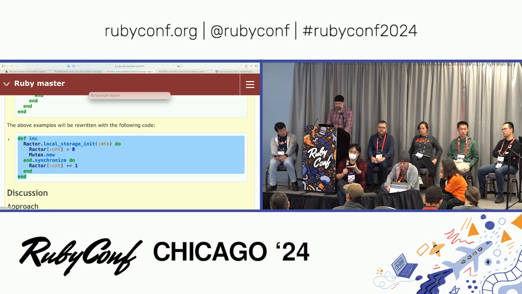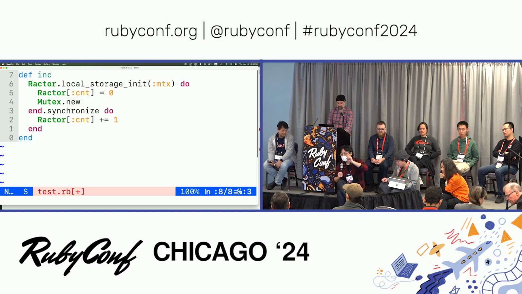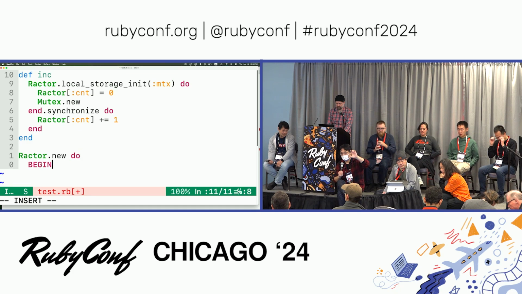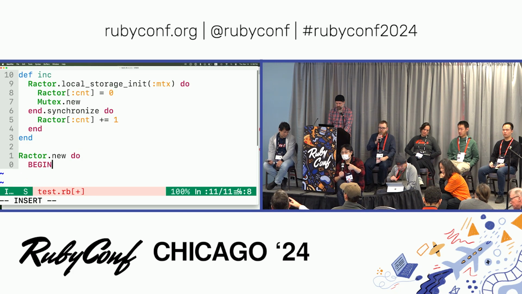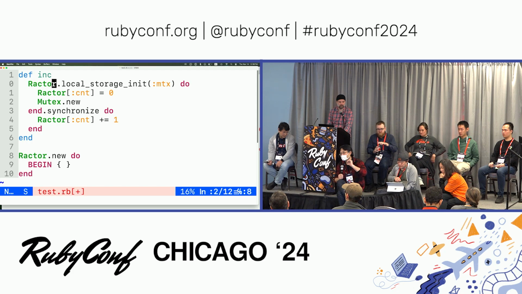The capital BEGIN shows that every Ractor runs this begin block, for example, if it is needed. In this case, we can initialize very easily.